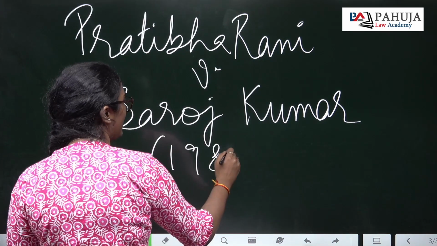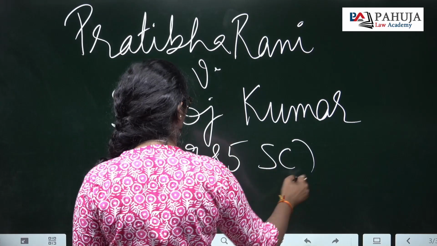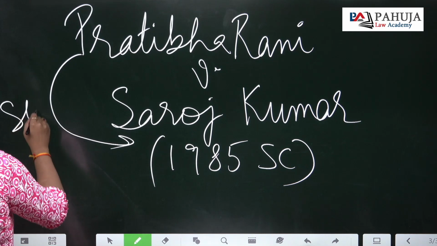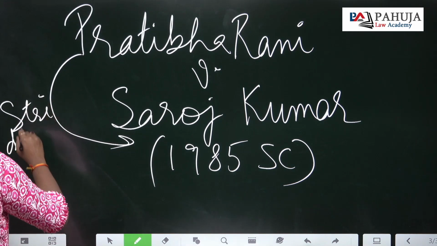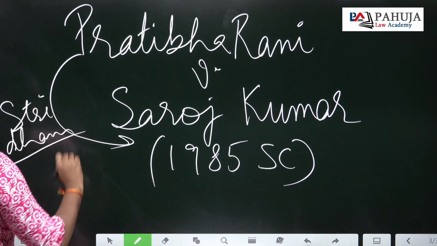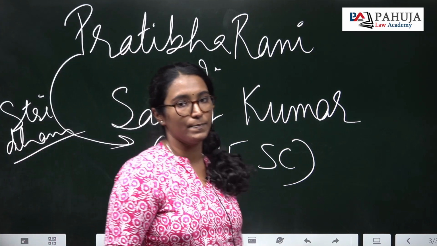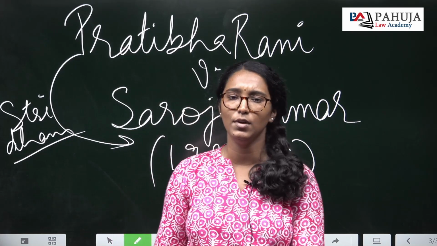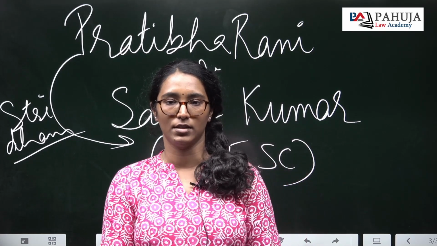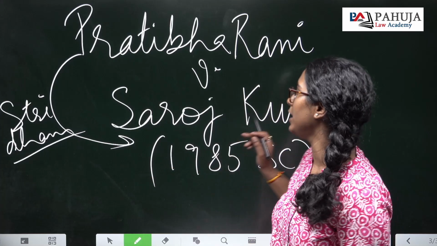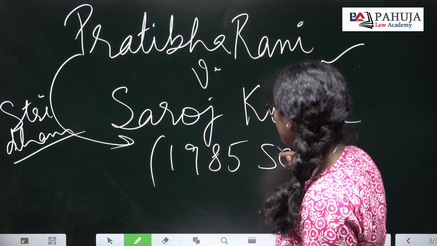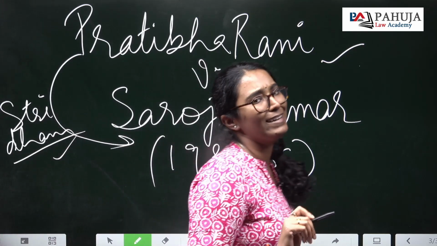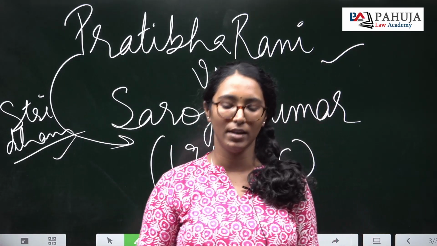It is a 1985 Supreme Court judgment. She gave her Stridhan to her husband, and the husband invested the Stridhan. He used the Stridhan in the business and earned some profits out of that business. Now later on, Pratibha Rani contended that she is a partner in the firm.